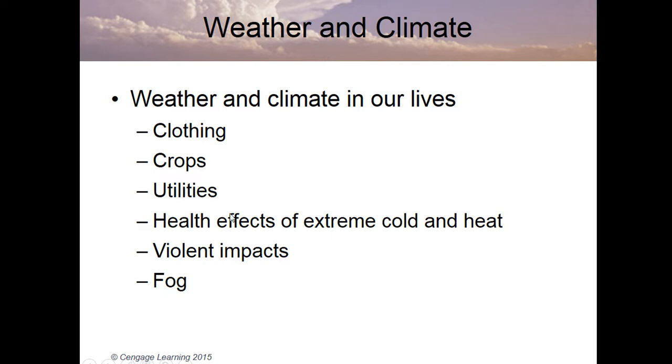There are certainly violent impacts in all different seasons, depending on your area, where you're from. We've been pretty lucky in the Northeast here. We do have the occasional hurricane that comes through, certainly severe storms, floods, high winds at times. But there are certainly other places, even in the United States, that experience very severe types of weather.